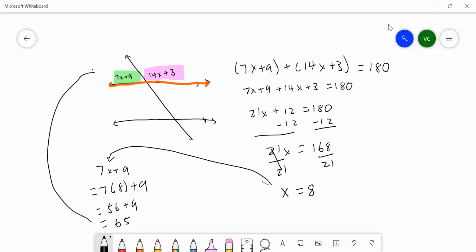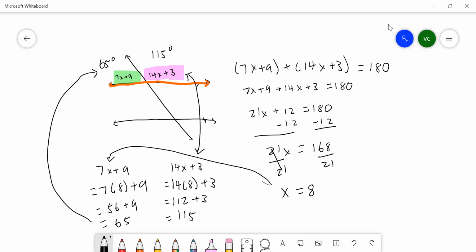So this is 65. Okay, now I want you to plug it into the 14x plus 3. And that just comes from this. Pause the video and do it yourself. All right, so you should plug in 14 times 8 plus 3. And 14 times 8 is going to be 112 plus 3. And that's going to equal 115. So this one is going to be 115 degrees.